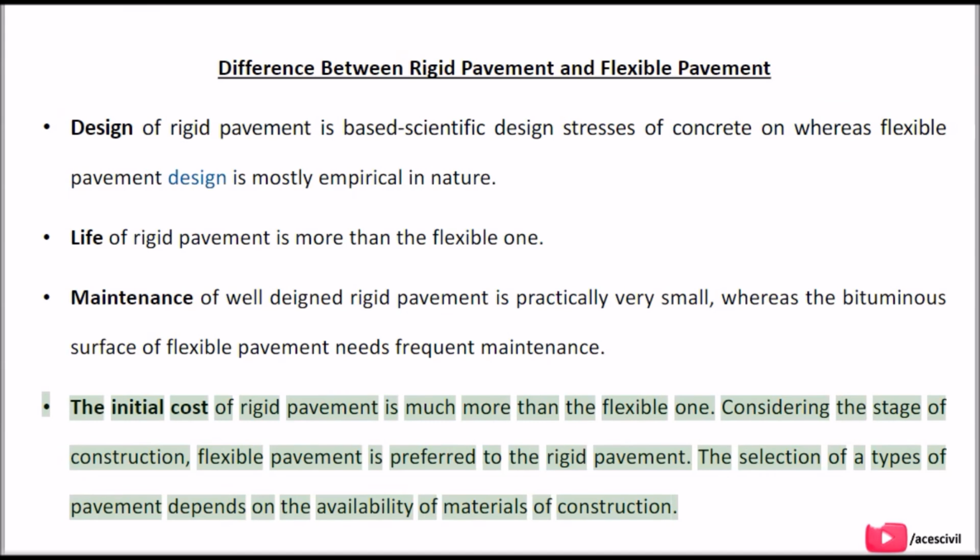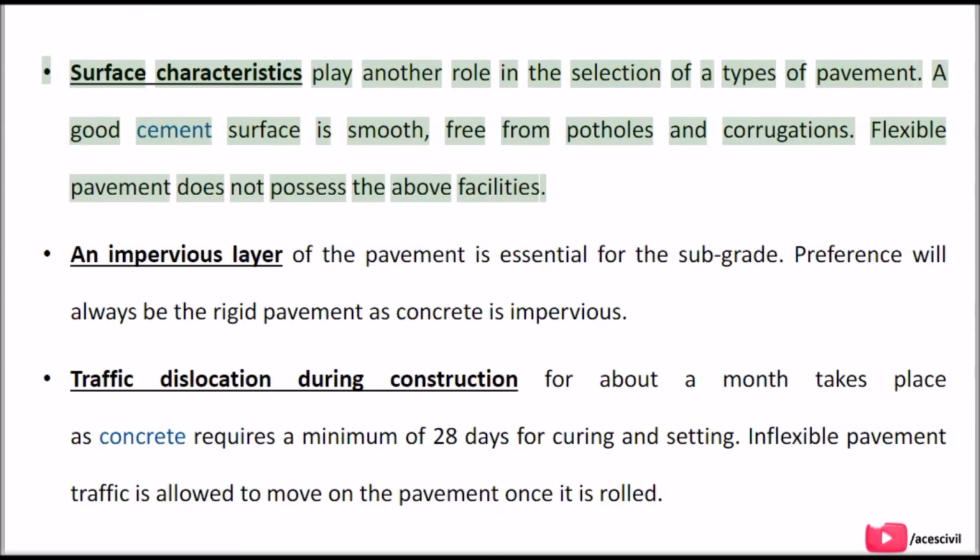The selection of types of pavement depends on the availability of materials of construction. Surface characteristics play another role in the selection of types of pavement. A good cement surface is smooth, free from potholes and corrugations. Flexible pavement does not possess the above facilities.